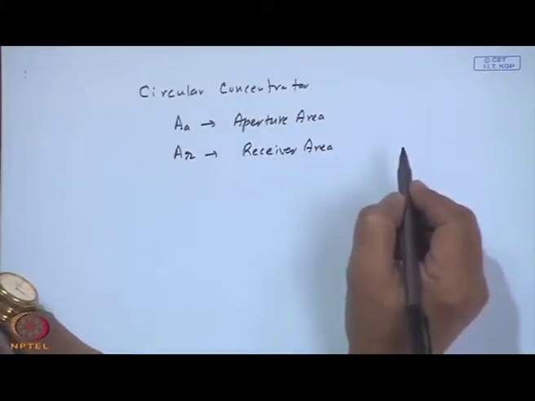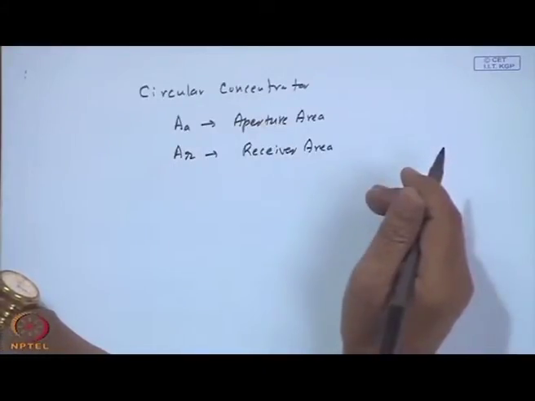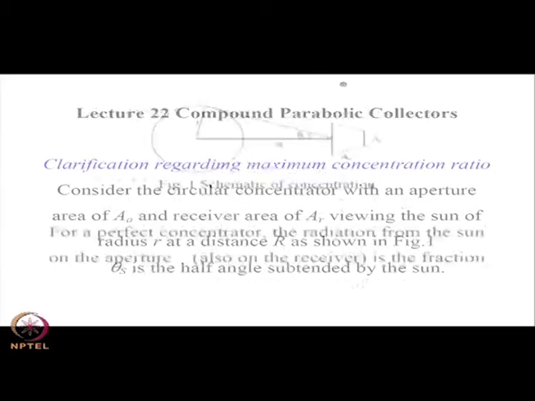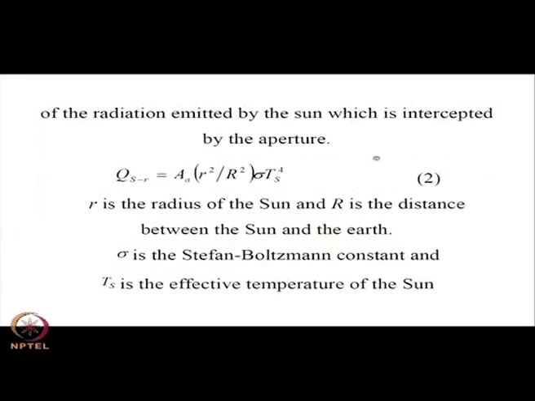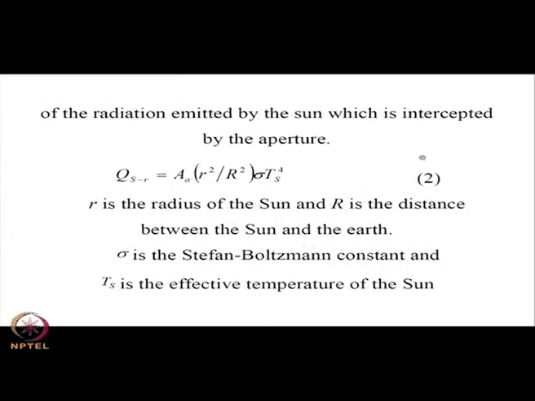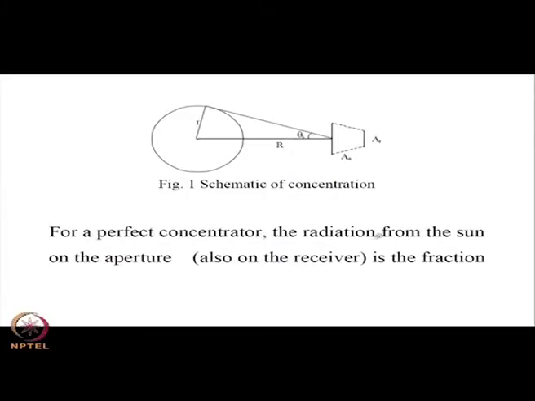Whatever solar radiation passes through the aperture area gets reflected or refracted and gets focused onto the receiver of area AR as shown in figure 1.